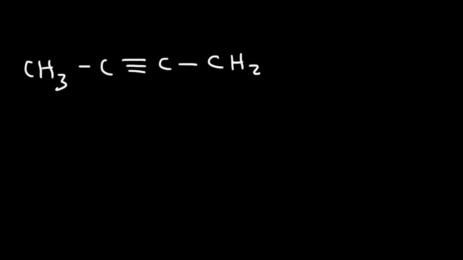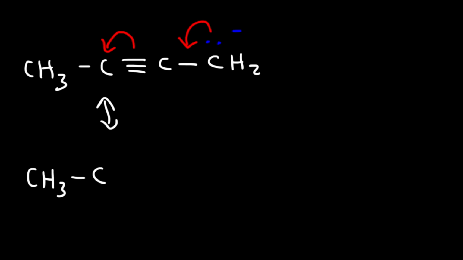So we have a negative charge on this carbon, and it's stabilized by resonance. That lone pair can be used to form a pi bond, causing this pi bond to break. So now we can put the negative charge on this carbon atom. And so this is what we now have at this point.